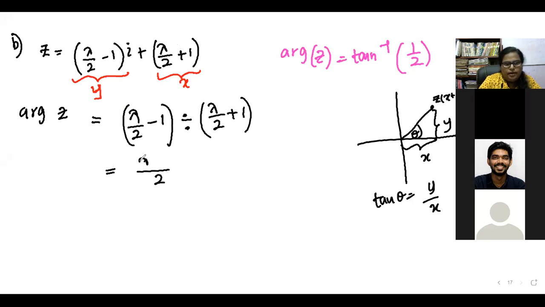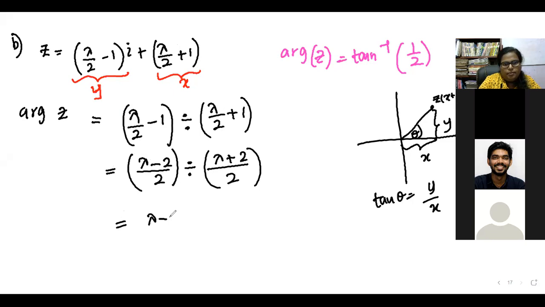So it is lambda minus 2, divided by 2. We have to take the common factor here also, so it becomes lambda plus 2. So we can take this one as lambda minus 2 over lambda plus 2.